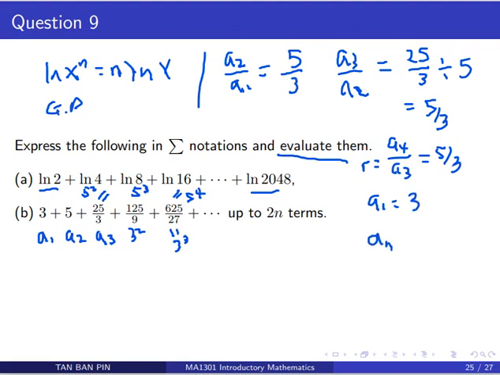And then what is a_n? The formula for a_n is a r power n minus 1. a you sub as 3, r is sub as 5 over 3. So it's 3 times 5 over 3 power n minus 1.